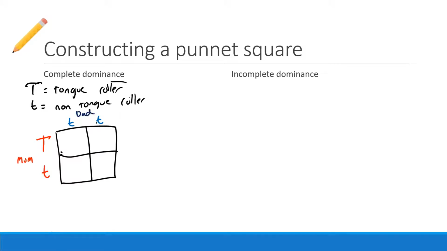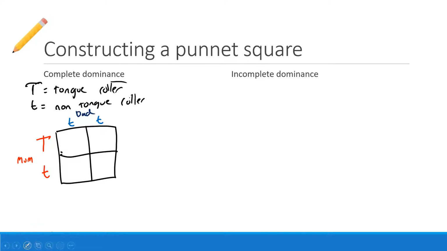Can the homozygous person, the lowercase t, roll their tongue? No, they can't. So I've decided to pick randomly that the mum is uppercase T, lowercase t, and the dad is lowercase t, lowercase t.